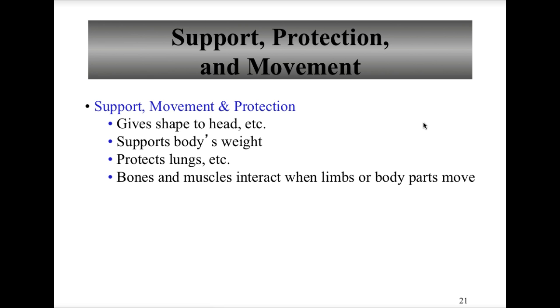But you do have skeletal muscles that are attached to bones by tendons, and the bones are going to serve as levers to move appendages, so on and so forth, via the muscles.